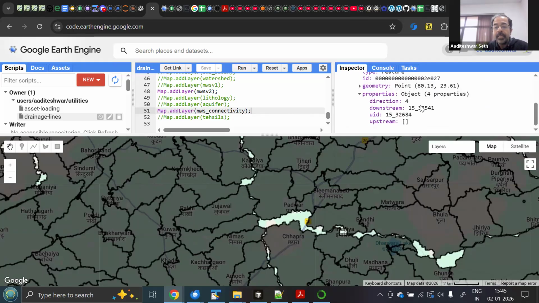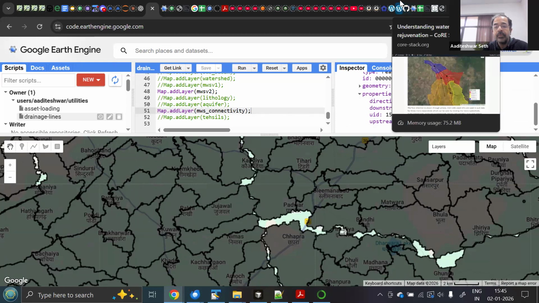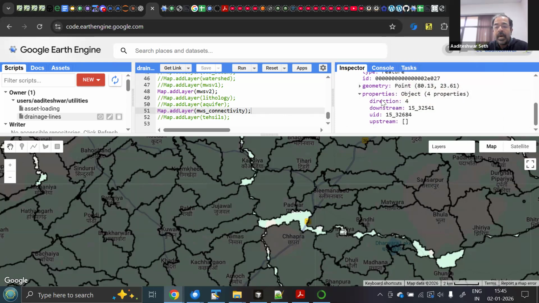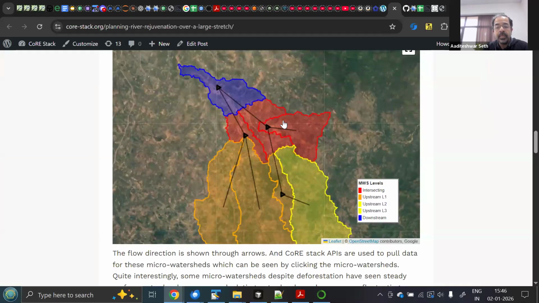If you go deeper into this particular starter kit, you'll see how you can use this MWS connectivity asset to see, for each microwatershed, which is the downstream microwatershed and what is the list of upstream microwatersheds. That is what was used to construct these arrows.